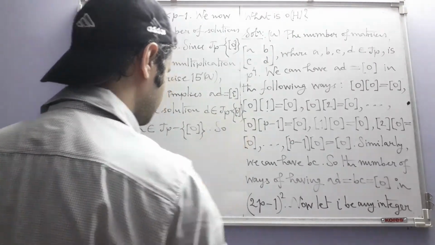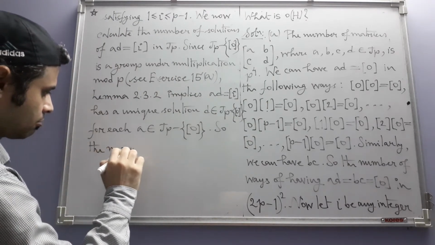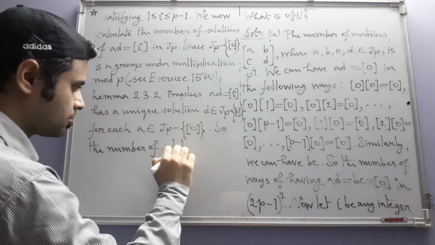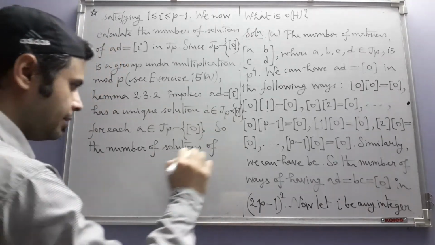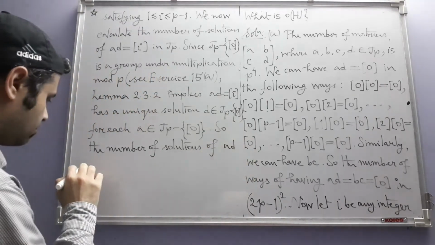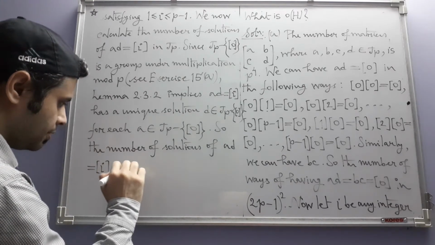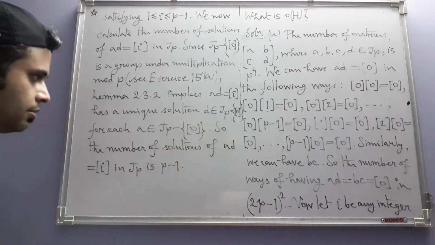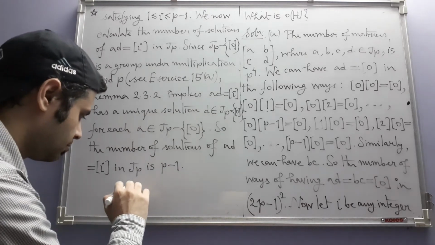write the number of ways of having this. So the number of solutions of AD equal to I in Jp is p minus 1, because you choose A to be say 1.